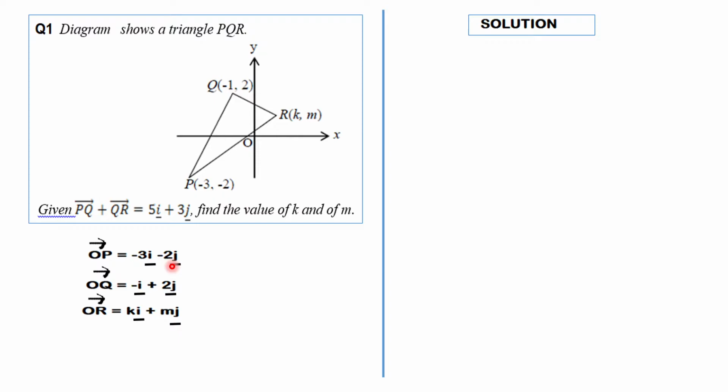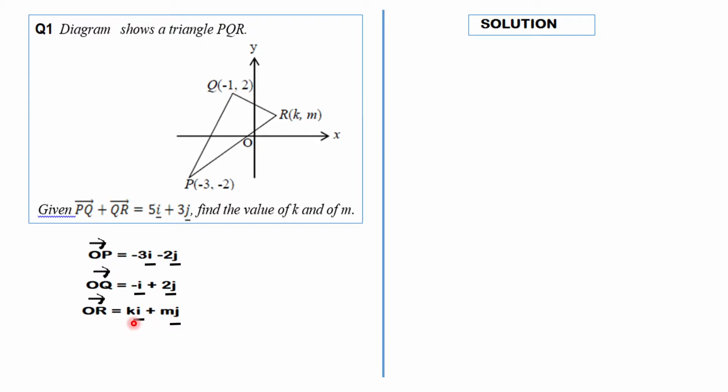Same thing for coordinate Q. The position vector of coordinate Q, OQ, equals -i plus 2j. And you do the same thing for coordinate R.